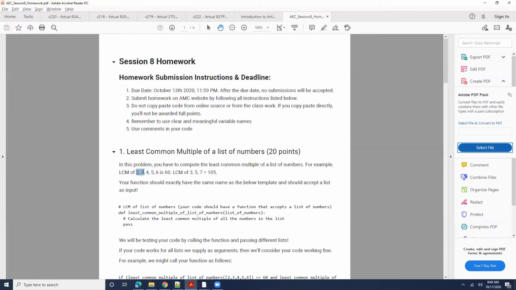Okay, so let's try something. What is the LCM of 2 and 3? What is the LCM of 2 and 6? Okay, what is the LCM of 6 and 4? 12. What is the LCM of 12 and 5? 60. What is the LCM of 60 and 6? 60.